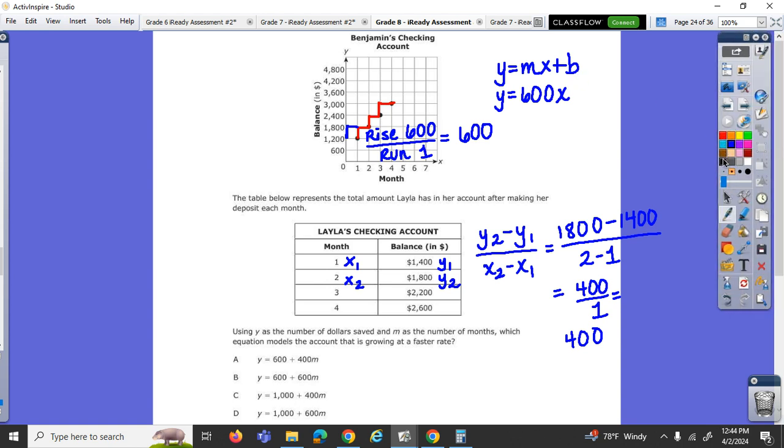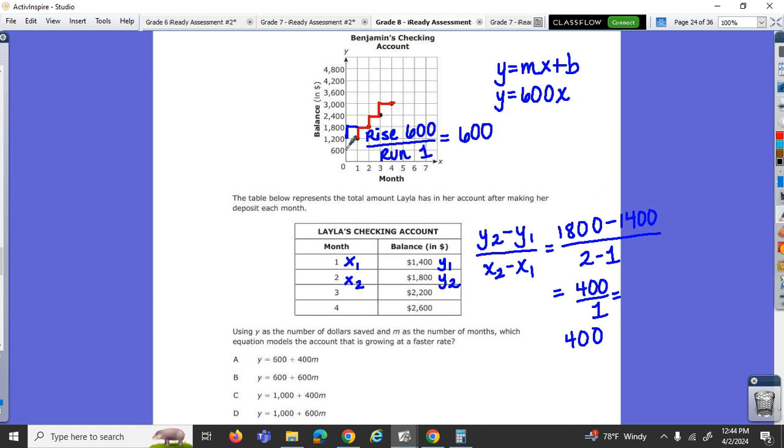See if you can pick that out before I do. If you were thinking 600, you were on the right track. His y-intercept is 600. That gives away his equation, y equals 600x plus 600. So that would be letter B.